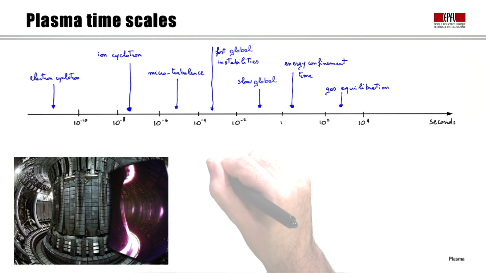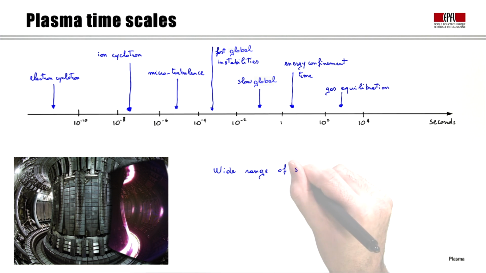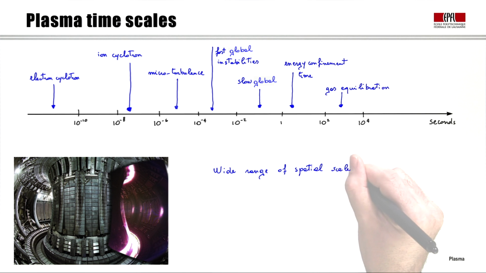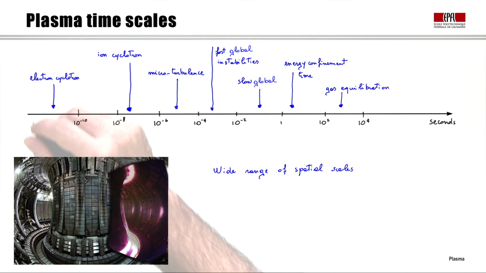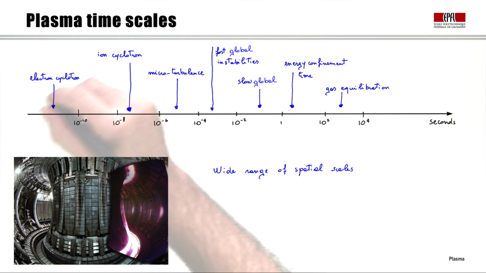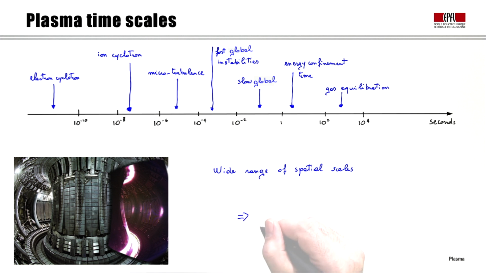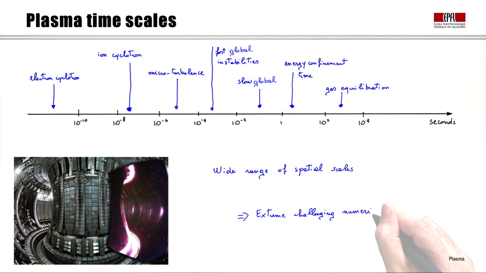And similarly, I won't go into the details, but a wide range of spatial scales are involved. Representing all these phenomena at the same time is extremely challenging for computational purposes. And this is why plasma physics is at the forefront of the development and exploitation of numerical techniques.